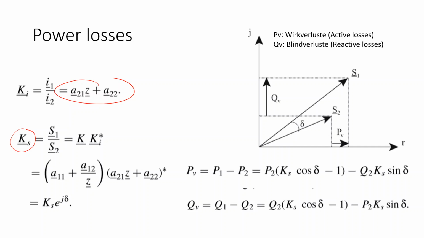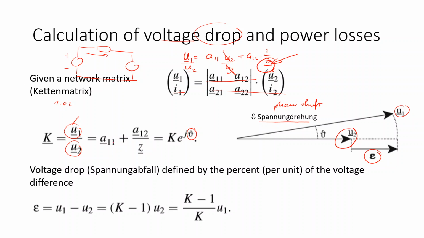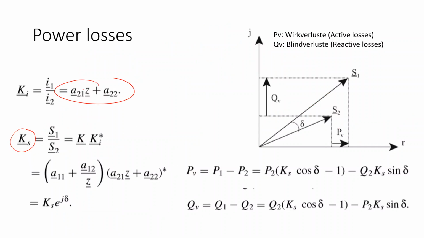So in this case, it is a multiplication of the K. This is a complex ratio of the voltage times the complex conjugate of the K, or the gain of the current conjugate, because this is in terms of the complex power.